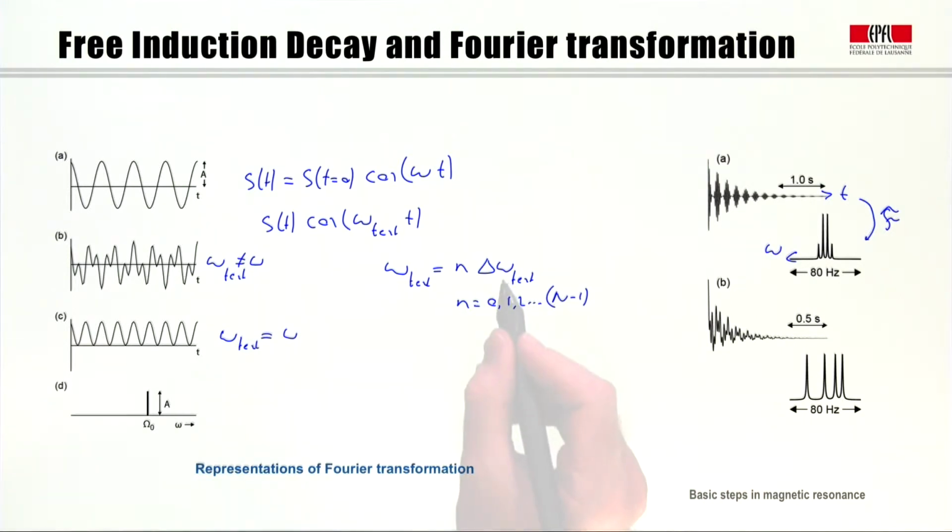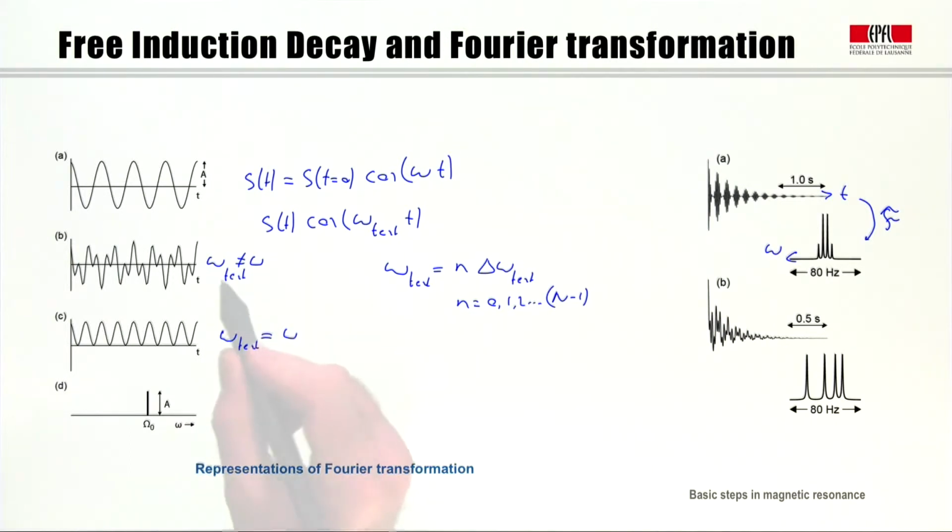And at each value of n we do this operation again, and when omega test is different from omega, we plot something that is 0, so omega running from left to right in this case. There is no effect here at all, except maybe some noise, and then suddenly we hit a condition where omega test is equal to omega, in this case called omega 0, and we have a peak with an amplitude a, and if the omega test function goes beyond the resonance frequency, it becomes 0 again.